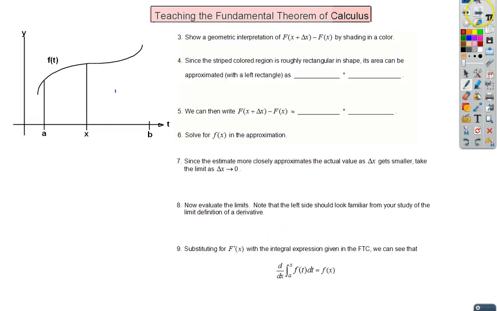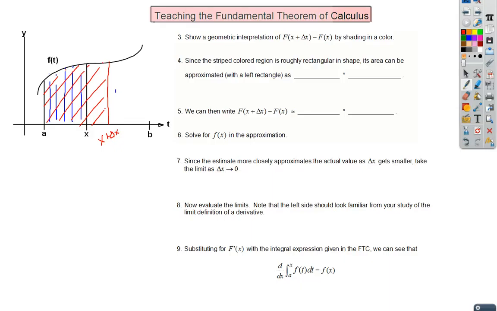I move on. And I'm going to have my shading over here real quick. Okay. Here's my x plus delta x. And I'm going to shade in what it was here. There's that. And shade in the diagonal. It says here, show geometric interpretation of F of x plus delta x minus F of x by shading in a color.